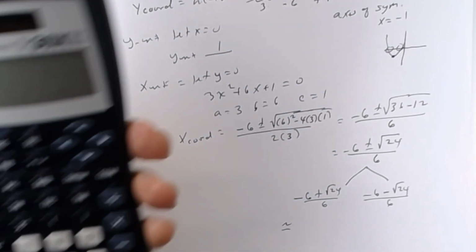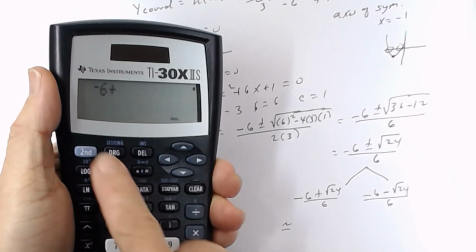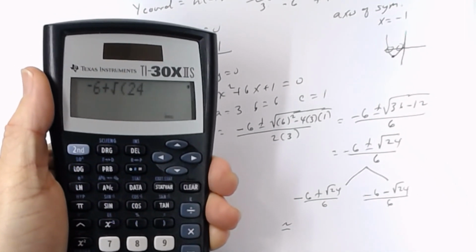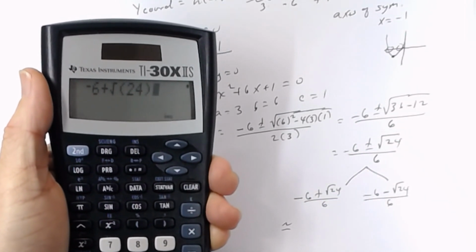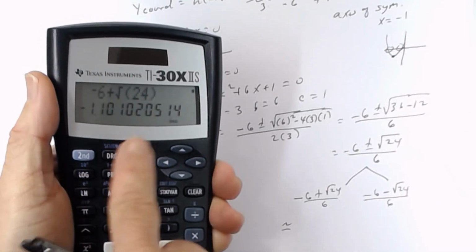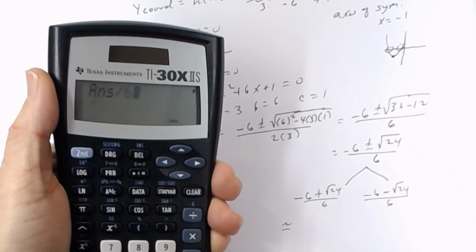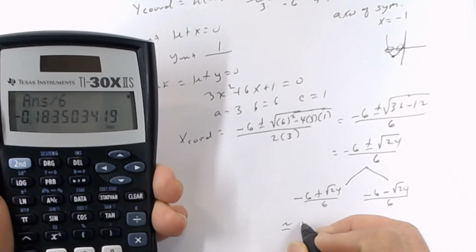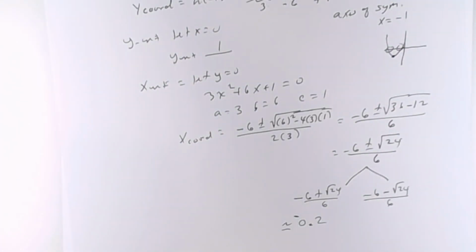So on your calculator, you're going to say negative 6 plus the square root of 24, then close parentheses, then press equal. That's the numerator. Then divide by 6. We're going to the tenth. So negative 0.2. My x-intercept is approximately equal to negative 2/10.